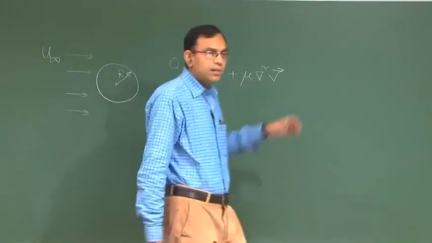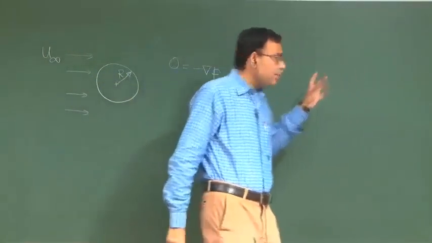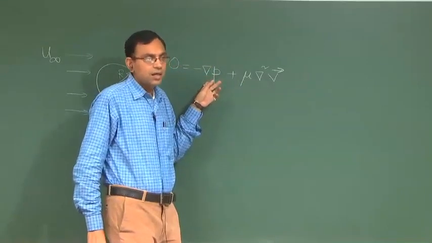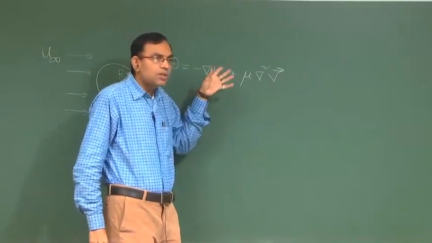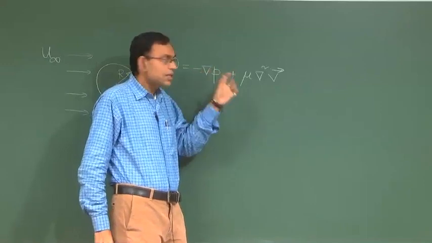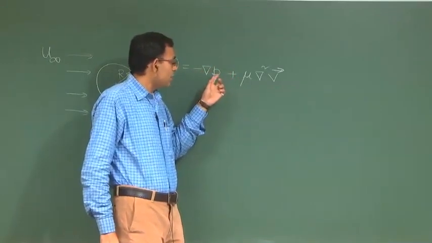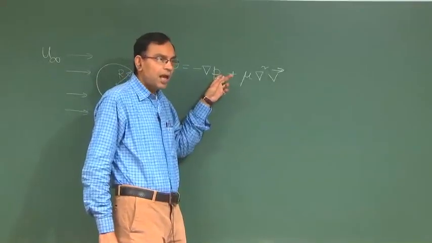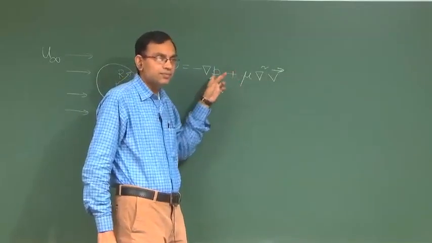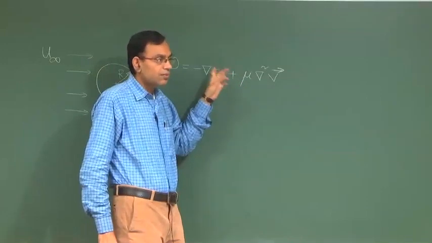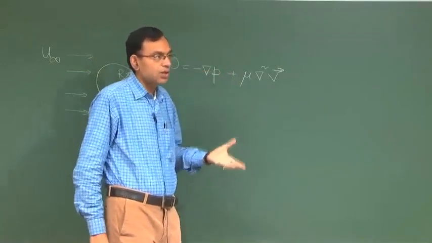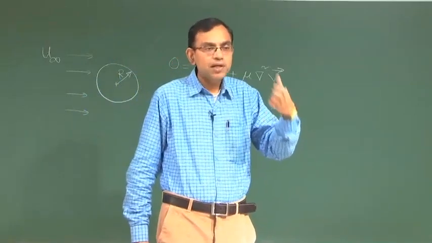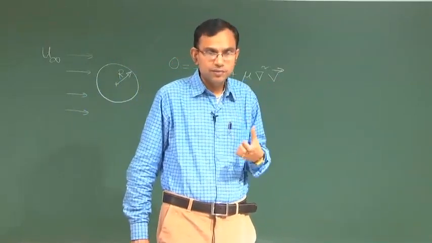Sometimes gravity as a body force can be included in the pressure gradient term, and this is a very common thing that we do. The reason is that you can always redefine P as P plus rho g h, which is called the piezometric pressure, which is the pressure plus the pressure equivalent of the gravity head.